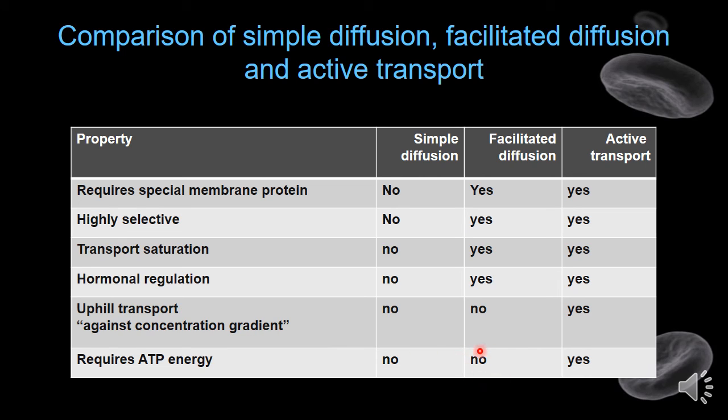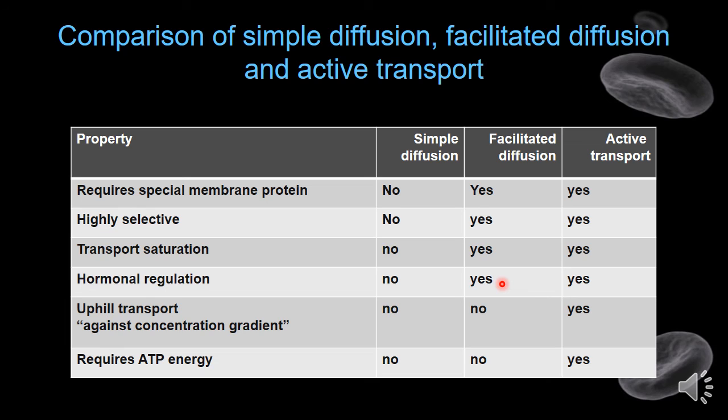There is no need for direct ATP energy, but it needs a protein carrier. It is highly selective and it can be saturated, and some of this transportation needs hormone. The best example is insulin.